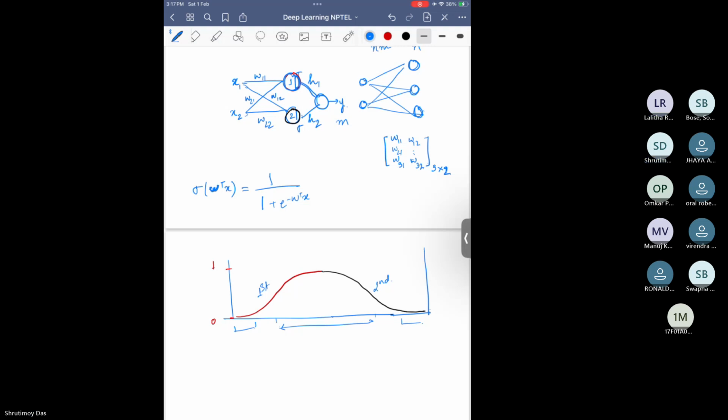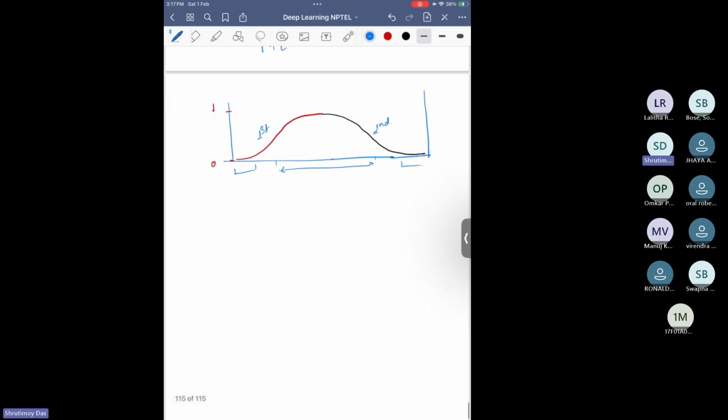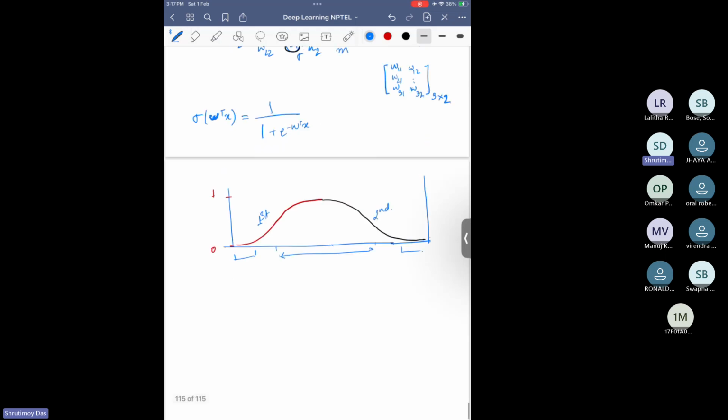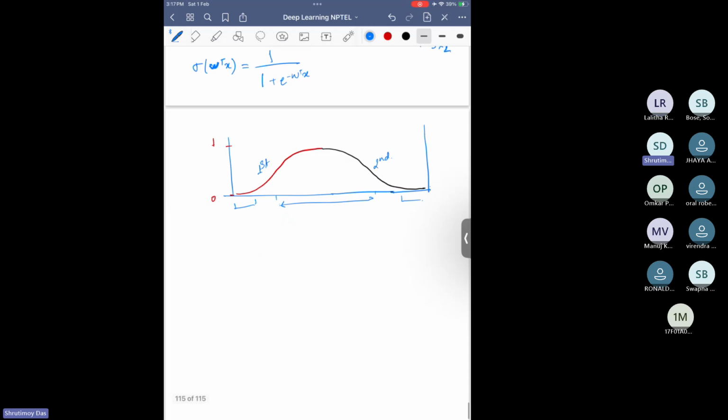In many places they say input neuron, but the input layers are not actually neurons, right? No, they are not. When we say input neuron, we basically mean the number of features that you have. The term is used, but it is not really trainable. You don't do anything on that.